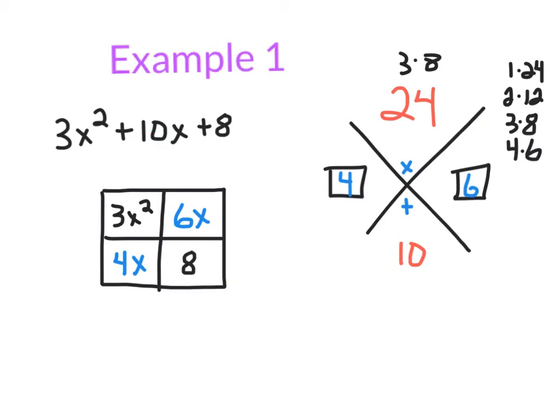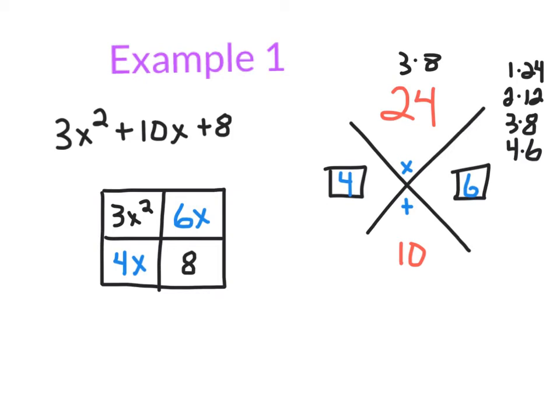Now, to find the factors of this trinomial, we're going to have to factor out greatest common factors of these terms inside this box. So here's what I mean. We're going to look at the 3x squared and the 6x, and we're going to take out the greatest common factor of those. We're going to take it out and put it here.